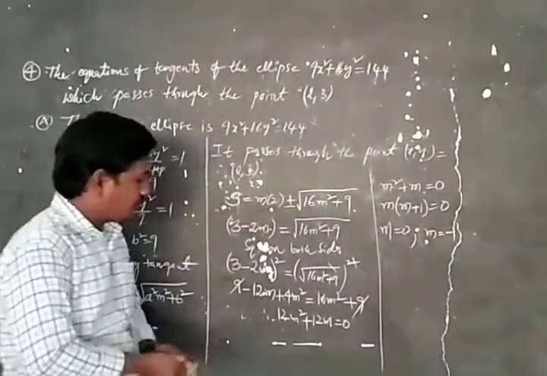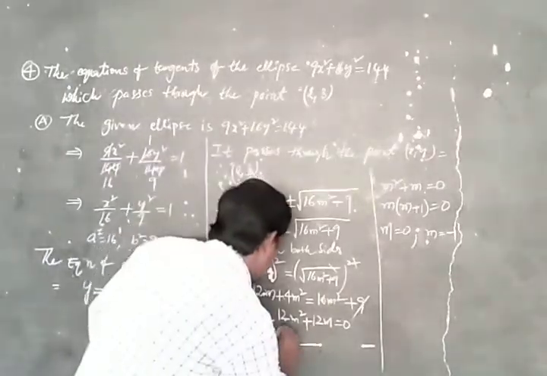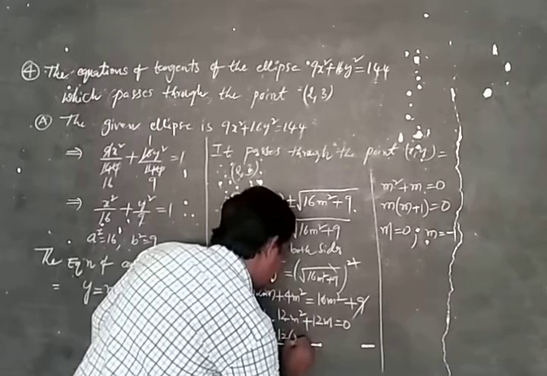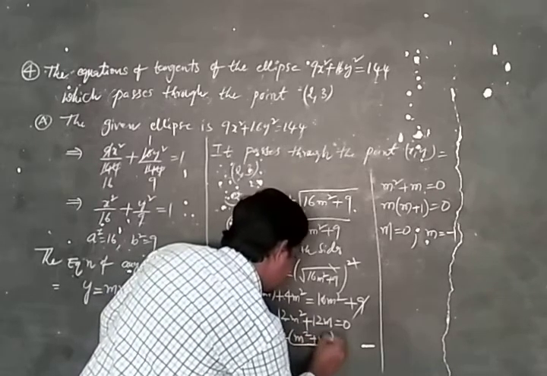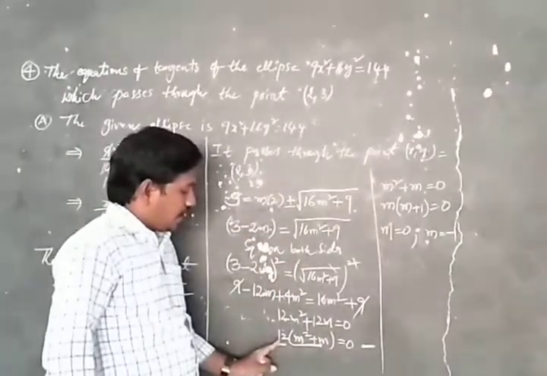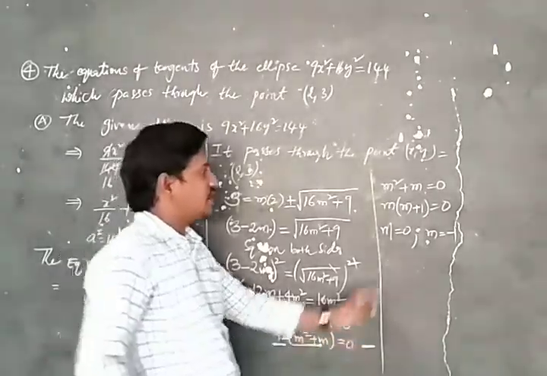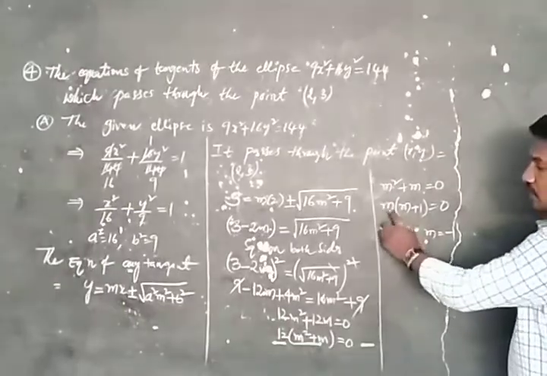Okay, here 12m square. 12 is the common one. 12m square plus 12m equal to 0. By the transposition it becomes 0 by 12, and 0 by anything is 0. That's why m square plus m equal to 0. So m is the common one.